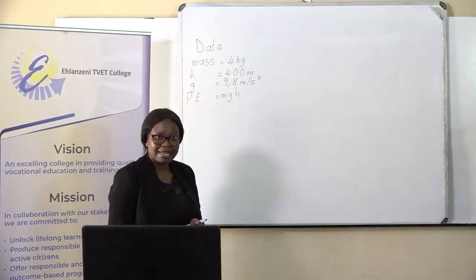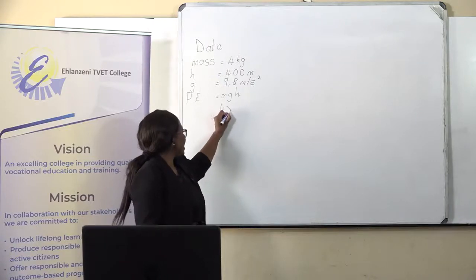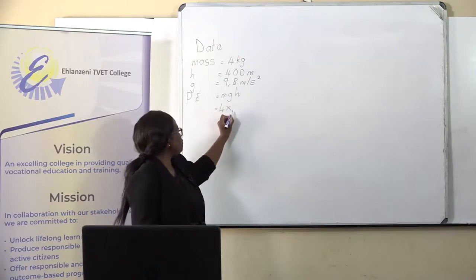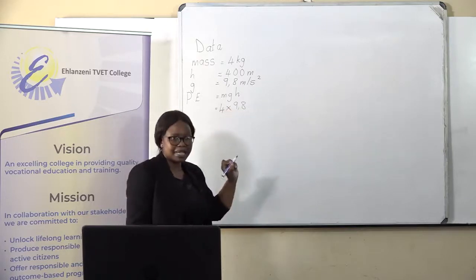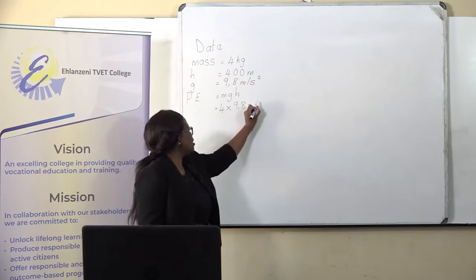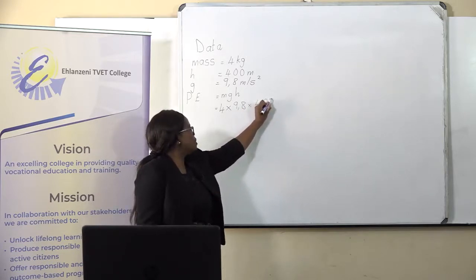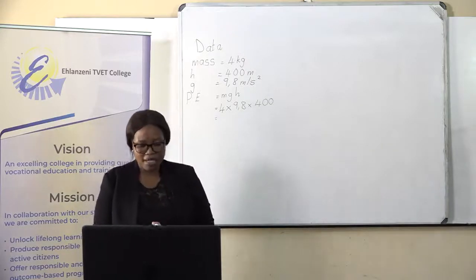Our mass is 4 kilograms times the gravitational acceleration 9.8 meters per second squared times the height, which is 400 meters. Let's calculate it using our scientific calculator.